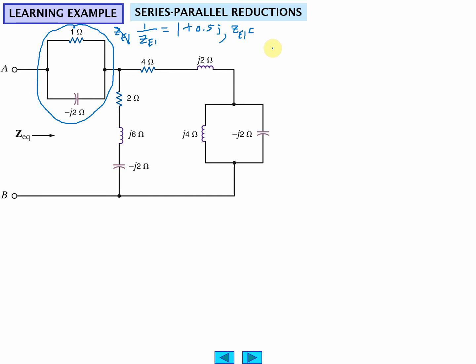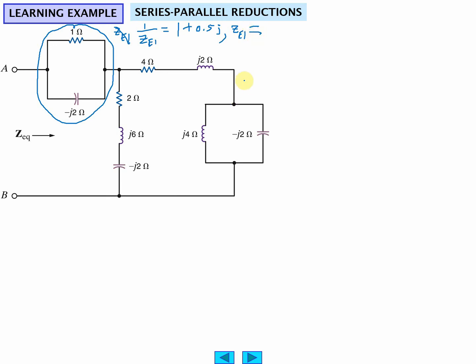Now ZE1 equals... I hate the way my little input device works. It sometimes makes the 4 into a 9, and the equal sign into something weird.